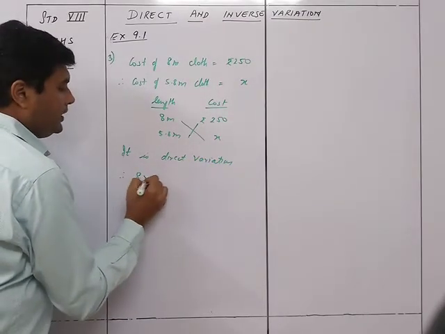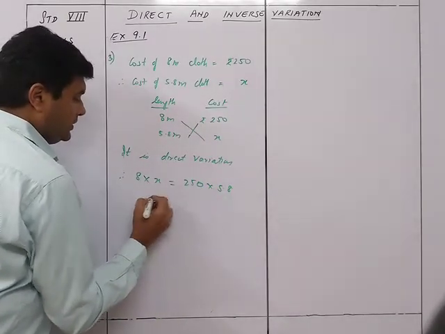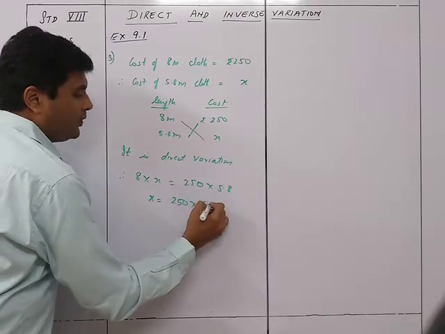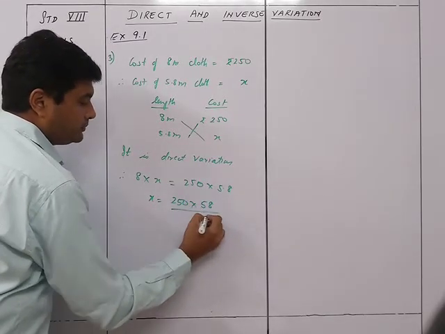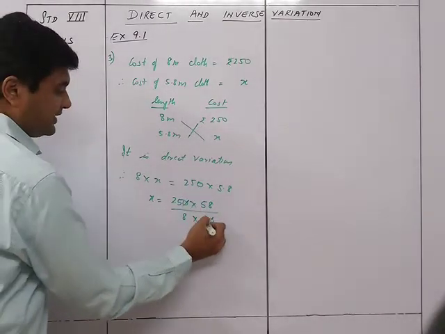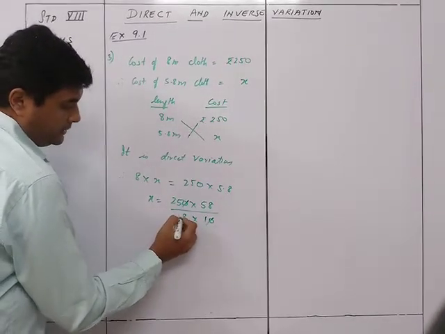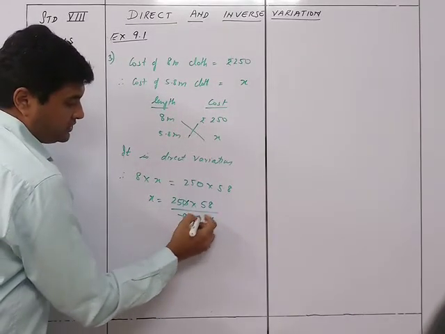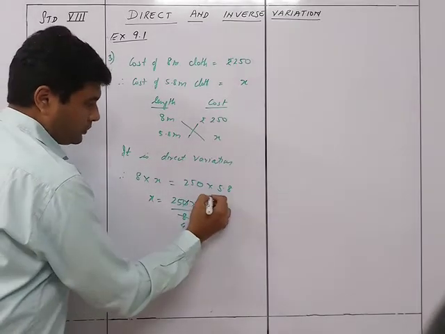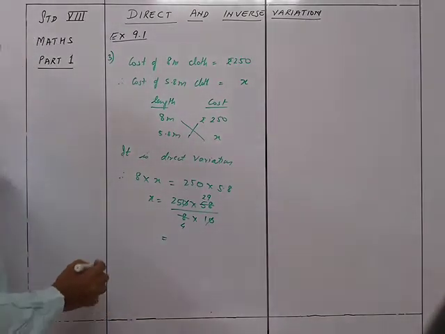Therefore 8 into X is equal to 250 into 5.8. So X is equal to 250 into 5.8, we'll write it as 58 upon 10. Like this. So this gets cancelled. This is 4 and this will be 29. Yes, this is in decimal points only.